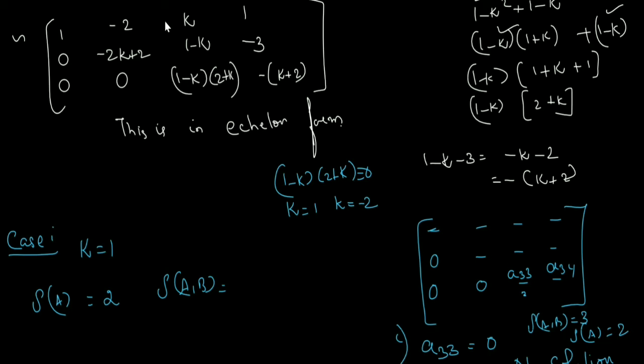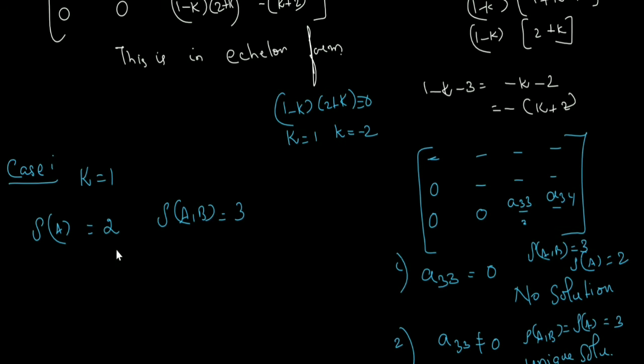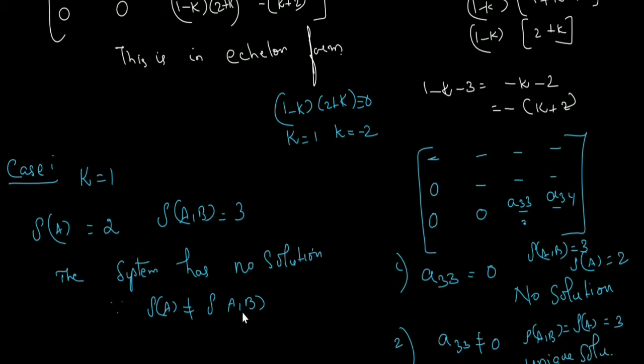Number of non-zero rows will be 1, 2 and 3. So rank of AB is 3. That means they are not equal. So the system has no solution because their ranks are not equal. Rank of A is not equal to rank of AB.